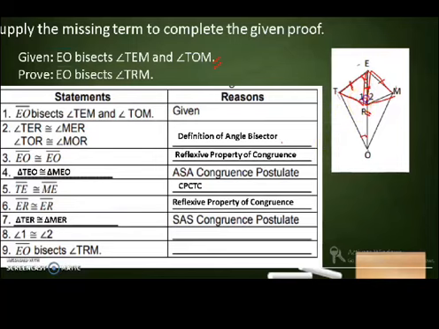Number 8, we have angle 1 is congruent to angle 2 by corresponding parts of congruent triangles. So we have proven now that EO bisects angle TRM by the definition of angle bisector.